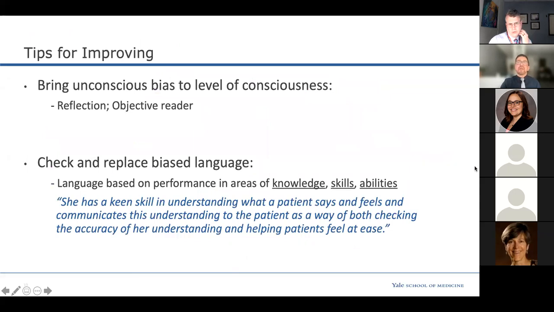So let's think about some tips that we might use to reduce bias or get rid of bias altogether. And these, I think, are really geared towards individuals who help individual faculty assessors in thinking about how they write their narratives.